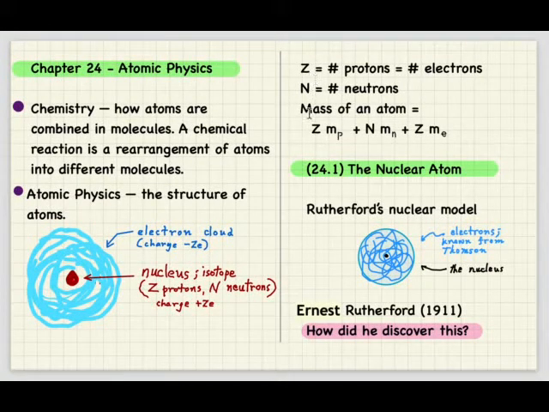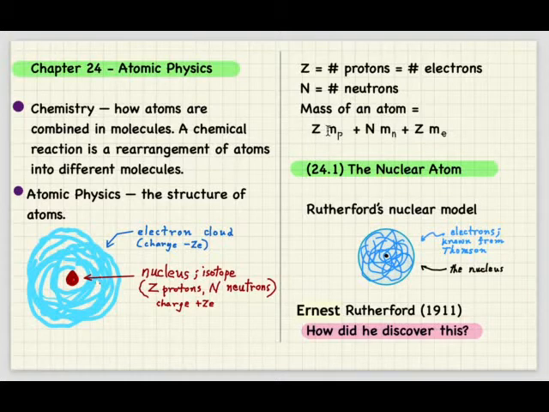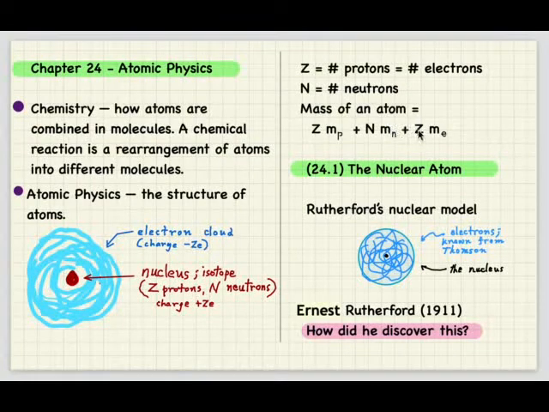And the mass of the atom would be, to a first approximation, just Z times a proton mass plus N times a neutron mass plus Z times an electron mass. That would be a pretty good approximation for the mass of an atom.